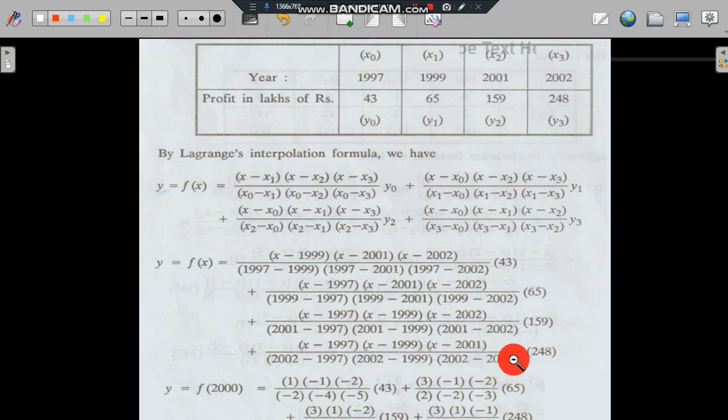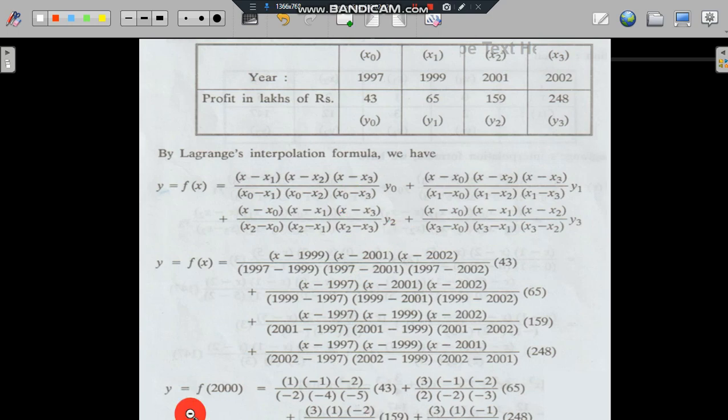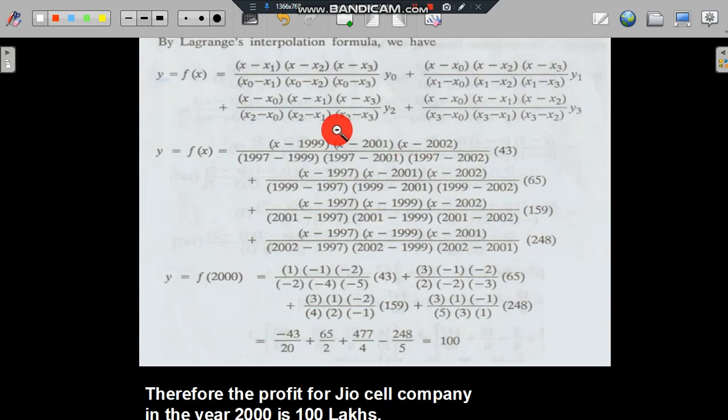We substitute this value, and this is y3, which is 248. So we are substituting everything here, and this particular formula we call Lagrange's interpolation formula. Still we can simplify this.